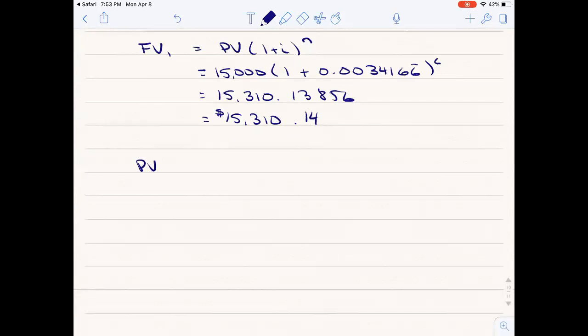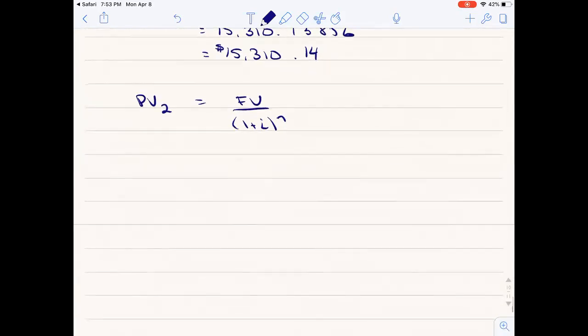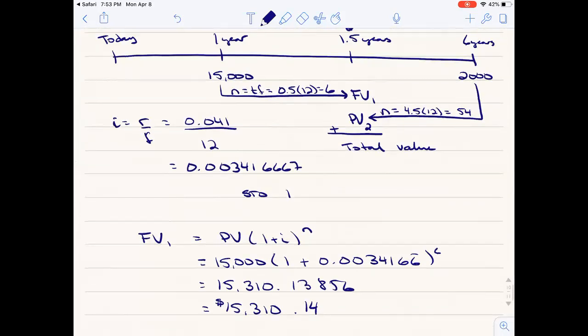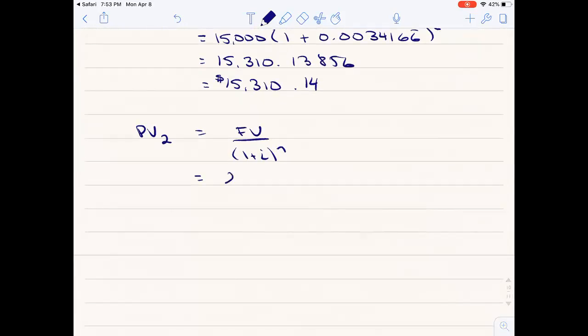We can find present value 2 is the future value over 1 plus i to the power of n. The future value for present value 2 was $2,000.